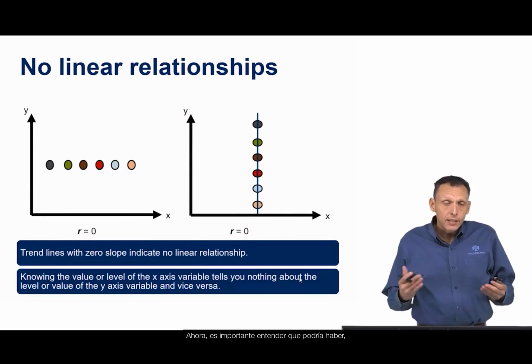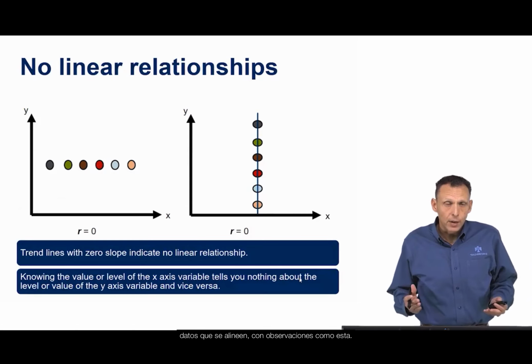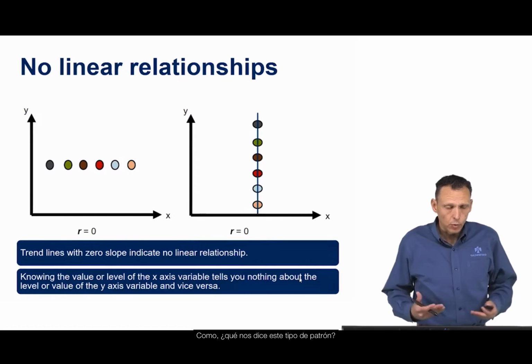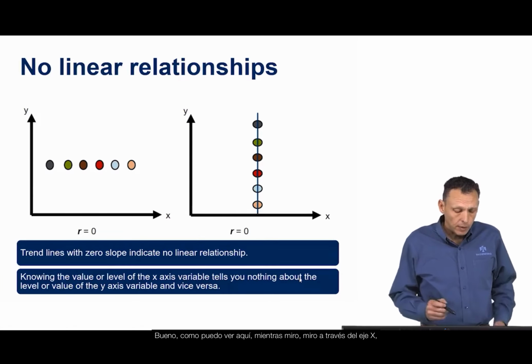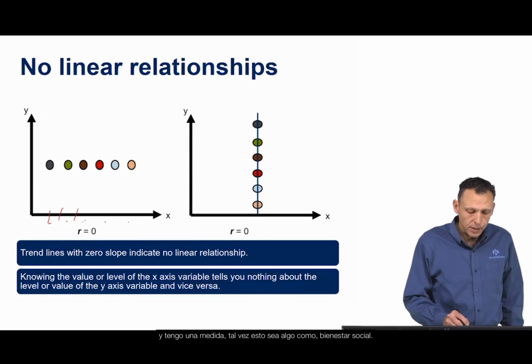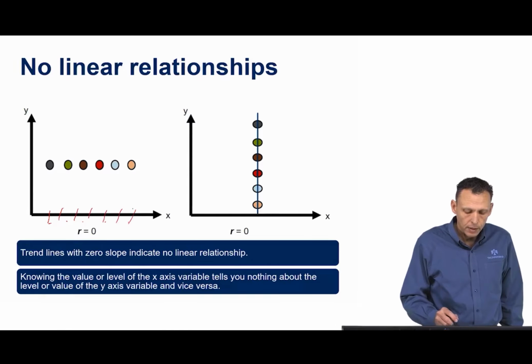Now, it is important to understand that there could be data that line up along observations like this. What is this sort of pattern telling us? Well, as I look across the x-axis, I have a measure, maybe something like social well-being.